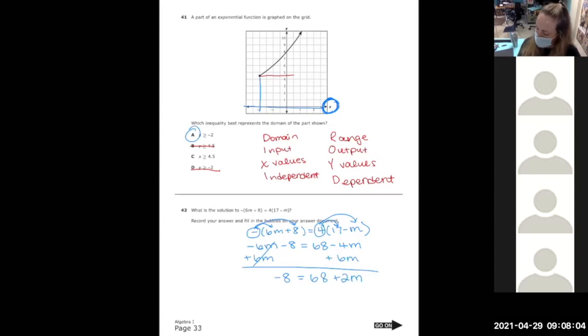Then we do reverse PEMDAS, so we subtract 68 from both sides first, which will give us -76 equals 2m. And then we just divide both sides by 2 because the 2 and the m are touching. That means they're being multiplied, so the opposite would be to divide. And -76 divided by 2 equals -38.